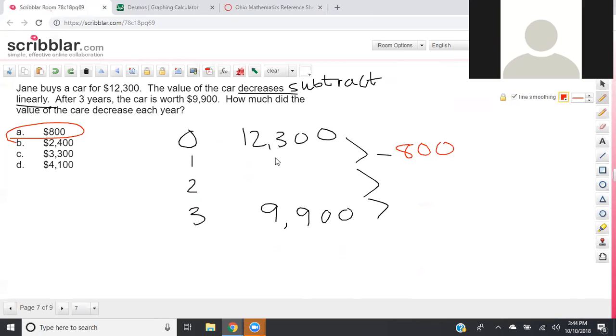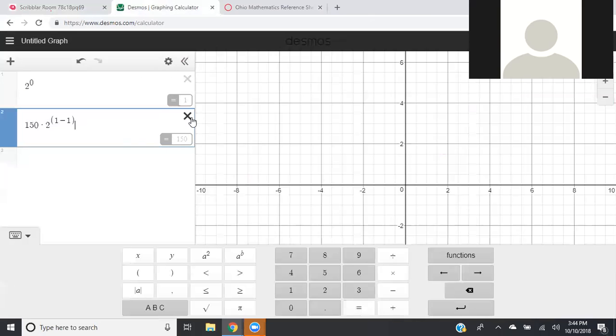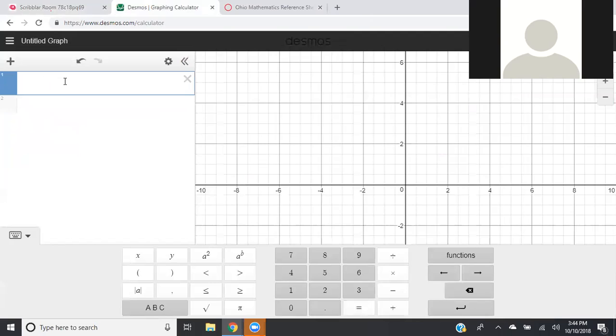12,300 subtract 800. Gotta borrow. Oh, my pen isn't working. Well, when pens run out of ink, we consult the calculator. It's a brand new pen. Okay, so it takes us down to 11,500.